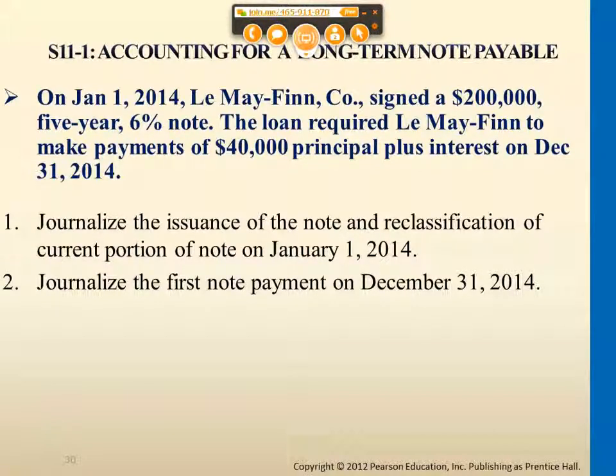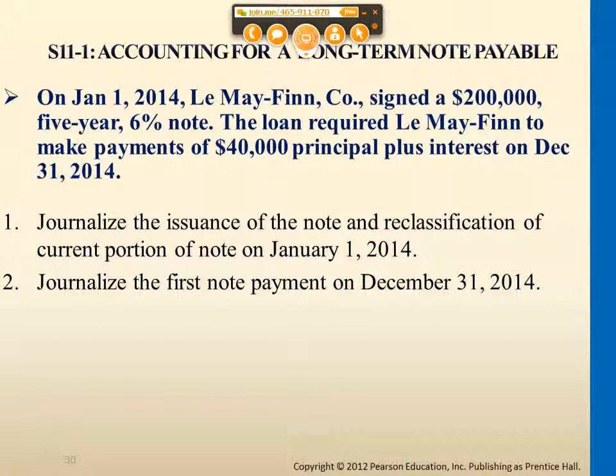Reclassification for what dollar amount here? So we reclassify a part that's worth $40,000, right? Because every single year we're paying $40,000. So the reclassification part represents every single year's current portion of long-term notes.